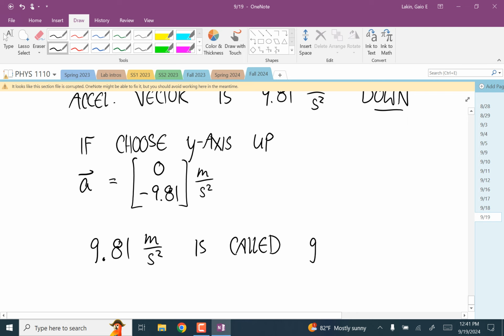Anytime you see a lowercase g, that's what it means, 9.81 meters per second squared. It doesn't have the negative in it, because the negative is just a direction and it depends on your coordinate system. So you have to add the negative if there needs to be a negative.